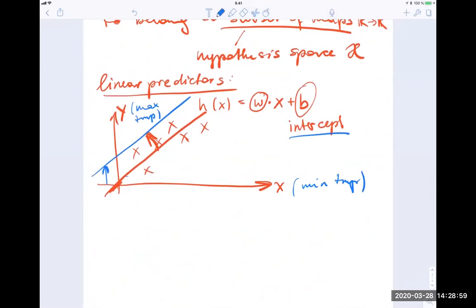So do we expect that if the minimum temperature is around 0 in the morning, the maximum temperature will also be around 0? Or is there a consistent shift in the maximum temperature relative to the minimum temperature? Does anyone have an opinion on this? Should we have an intercept term for such temperature data?